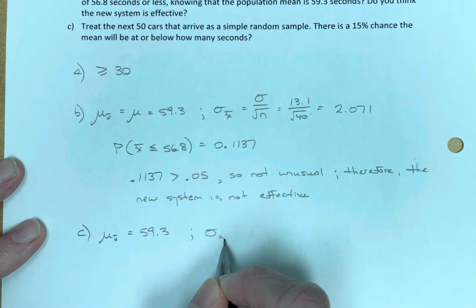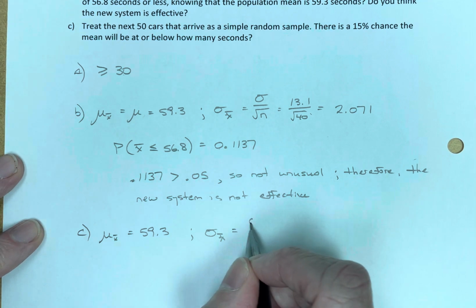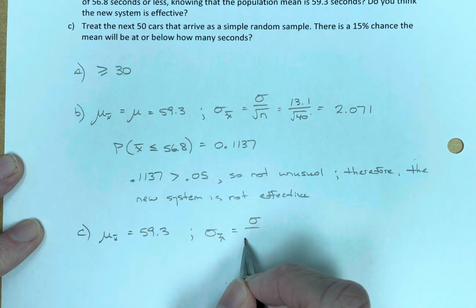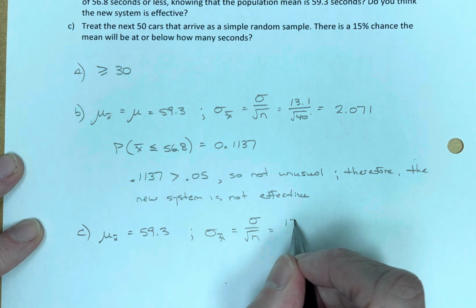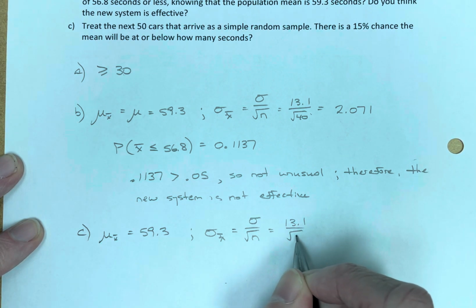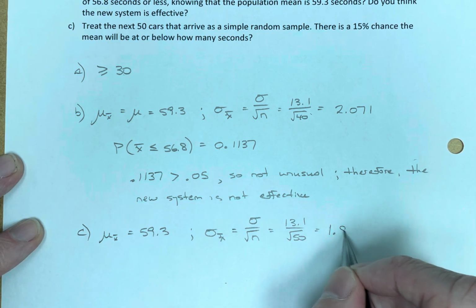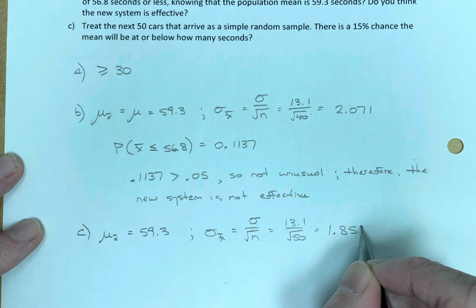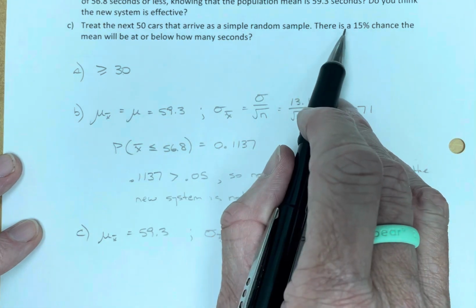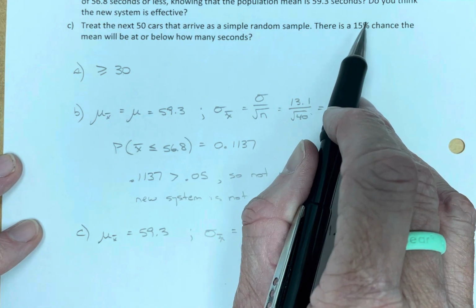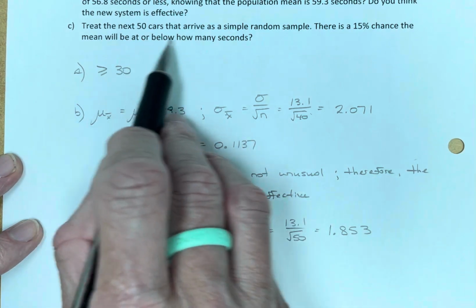So our sigma sub x bar is equal to sigma, the population standard deviation, divided by the square root of the sample size, 13.1 divided by the square root of 50, and we come up to 3 decimal places with a calculator, 1.853. And here's what we're asking. There is a 15% chance, so we're given the probability, and we're trying to figure out the number, at or below.